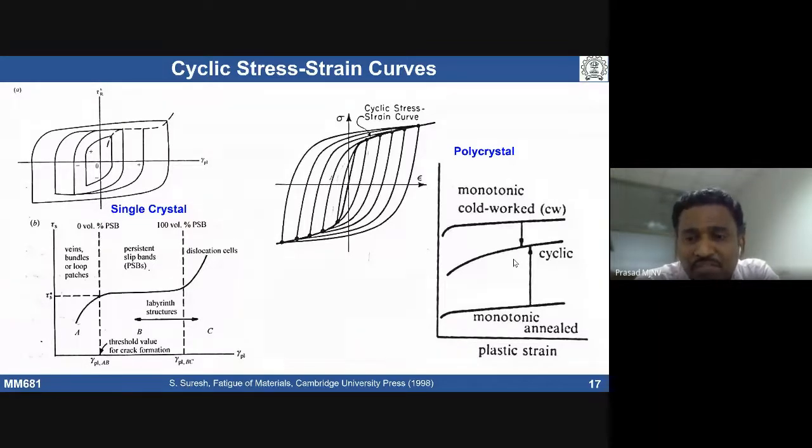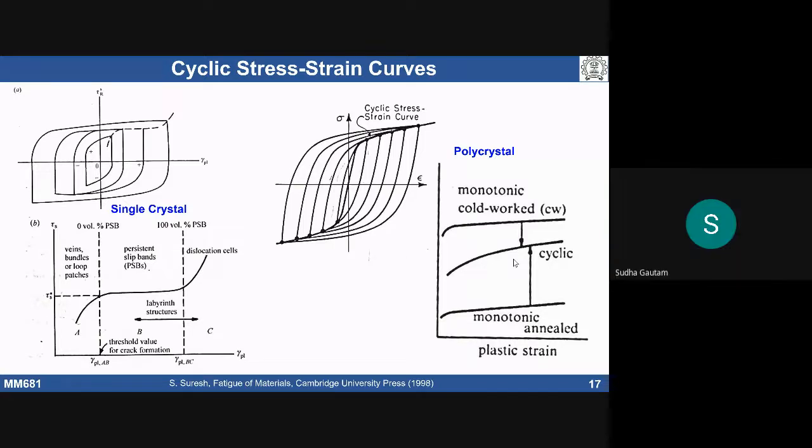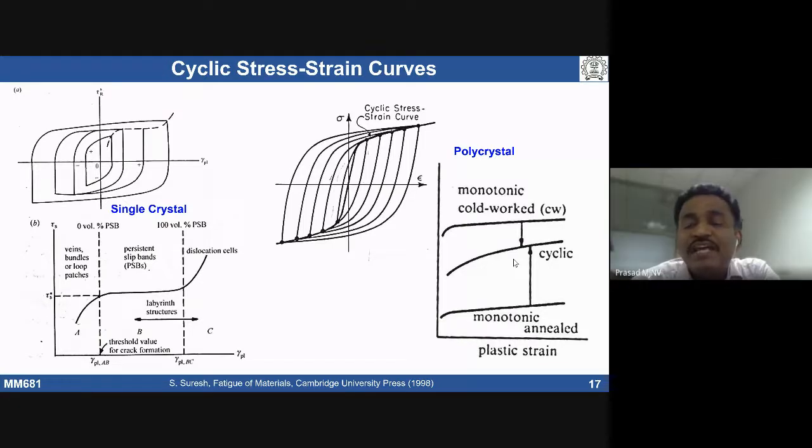During that reverse direction deformation, whatever dislocations are there are going to get realigned. That can lead to recovery, and annihilation of dislocations is going to take place. If you take a fully annealed material, during cyclic deformation we are still generating more and more dislocations. That leads to cyclic hardening, because strain hardening materials usually lead to cyclic hardening.